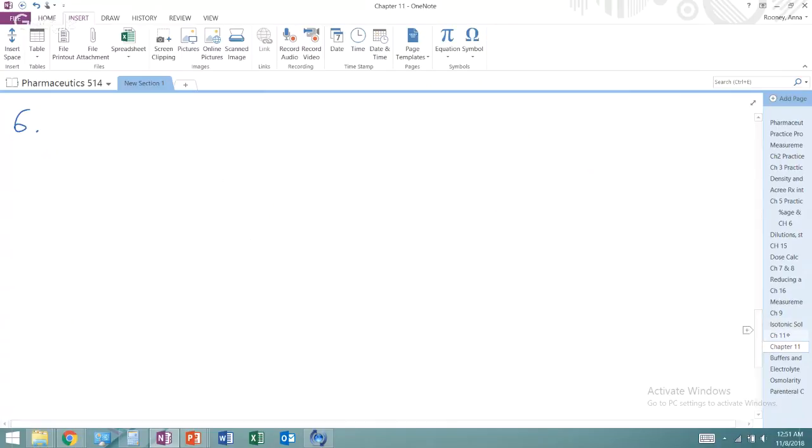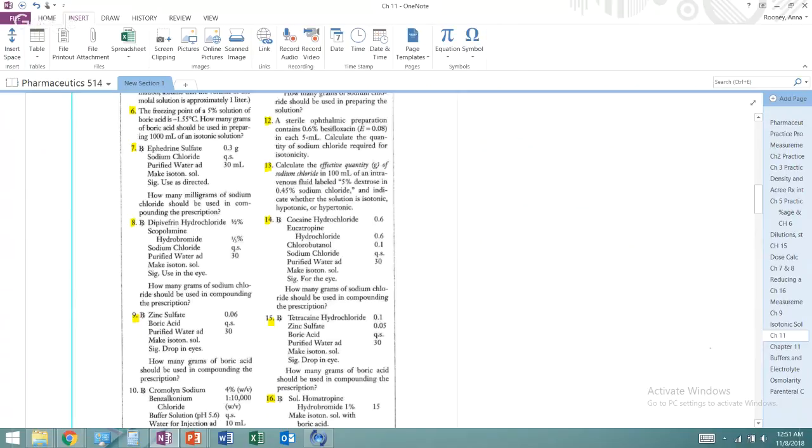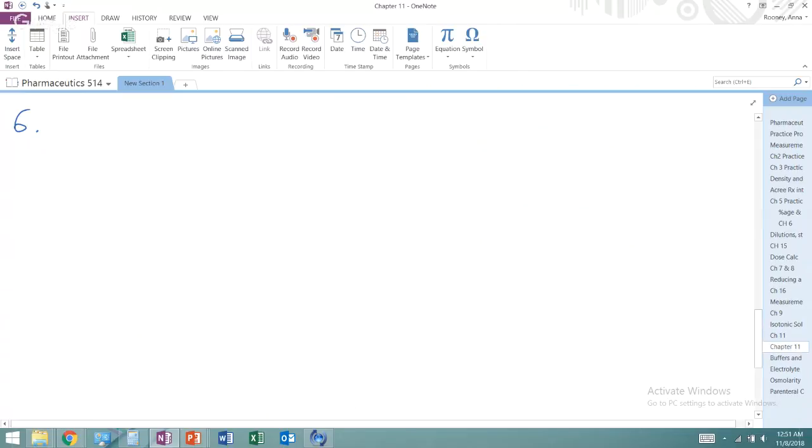All right, the freezing point of a 5% solution of boric acid is negative 1.55 degrees Celsius. How many grams of boric acid should be used in preparing 1,000 milliliters of an isotonic solution? So, the freezing point depression of an isotonic solution is negative 0.52 degrees Celsius.